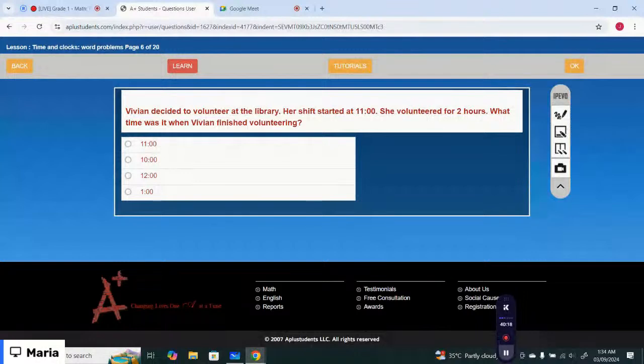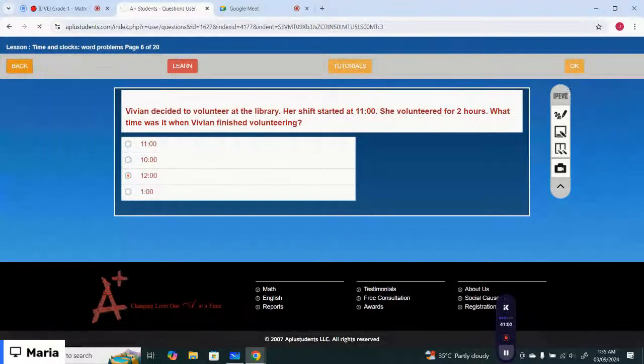Which is the correct option? Yes, 12 o'clock. The correct option is 12, right?